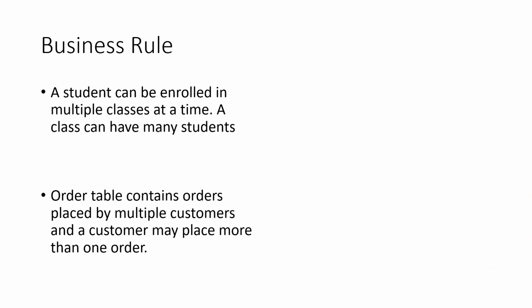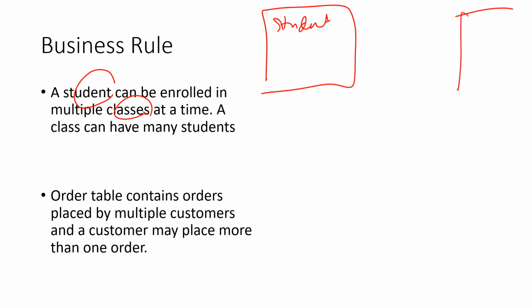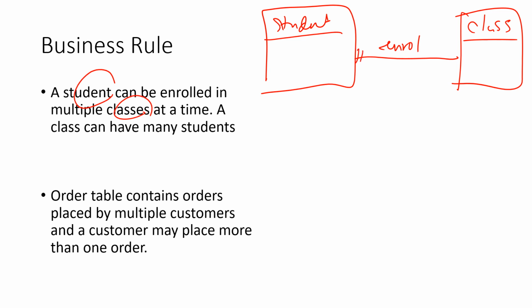Okay, so this is the same, a student and a class. Student enroll in multiple classes. At first, it says a student can be enrolled in multiple classes, but a class can have many students. So we change from single to multiple.